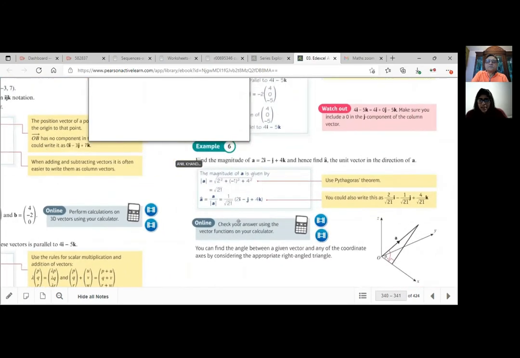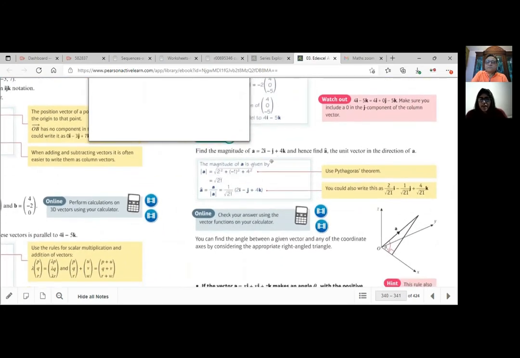Find the magnitude of A, which equals 2i minus j plus 4k, and hence find A hat, the unit vector in the direction of A. When you find the unit vector, you divide each component by the magnitude of the vector. You get the idea?